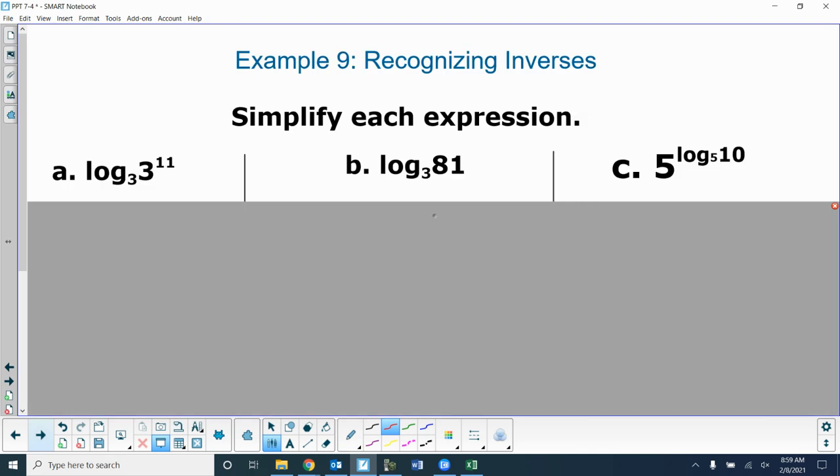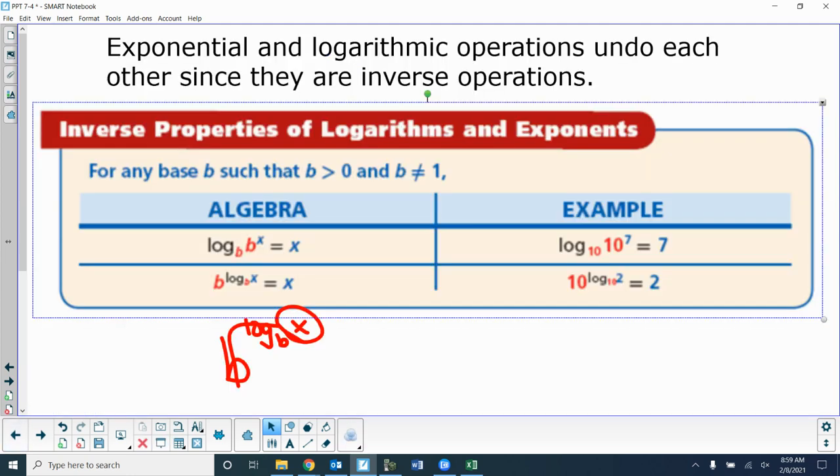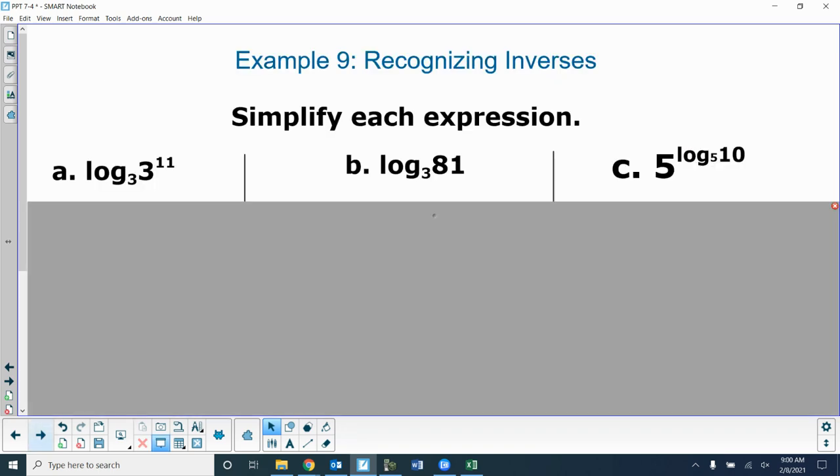Yeah. So what's the answer here, Ian? Log base 3 of 3 to the 11th. If the base of the log and the base of the number, the exponent, are the same, they cancel.